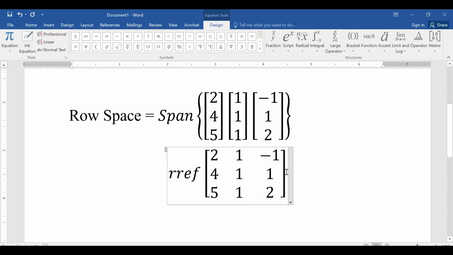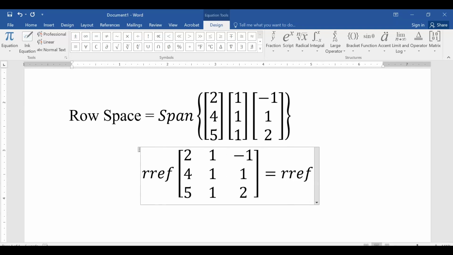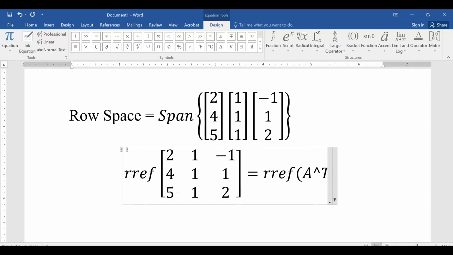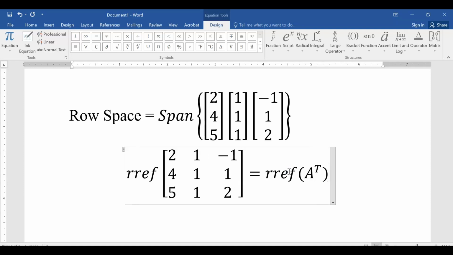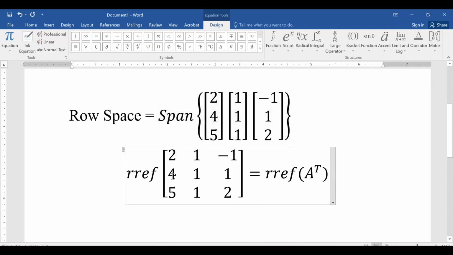So what this really is, is the row reduced echelon form of A transpose. Okay? And you can see, hopefully, that the row space of a matrix is exactly the column space of the transpose of that matrix. All right, so hopefully you see that.